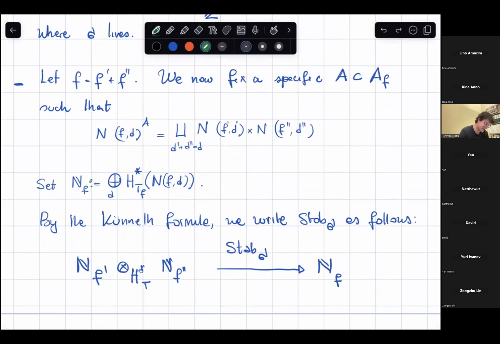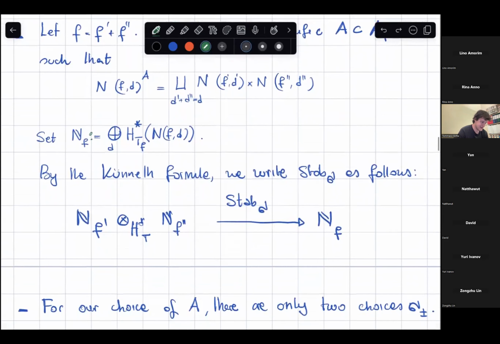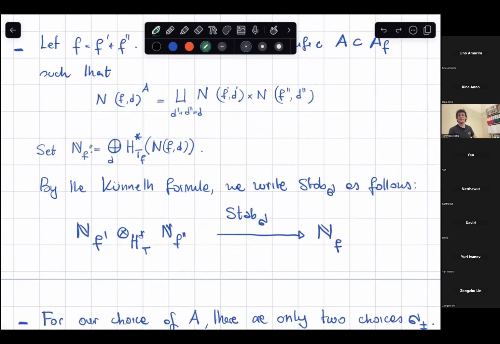So if I apply the Künneth formula here, and in addition, if I sum for all F prime and F double prime satisfying this condition, then I can rewrite the stable envelope in this way. And actually, the fact that this looks like some kind of multiplication map will be important for us. Hopefully, I will be able to explain this and how this is related with cohomological algebras.